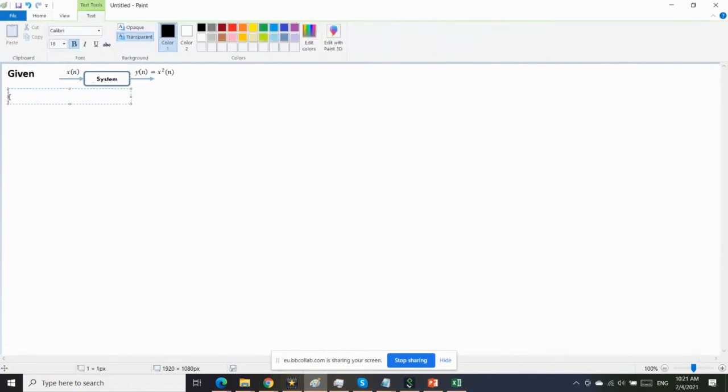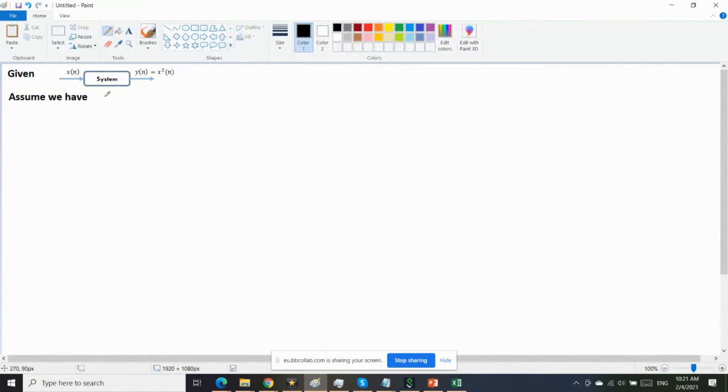So given, assume we have y1 equal to x1 squared and y2 equal to x2 squared.